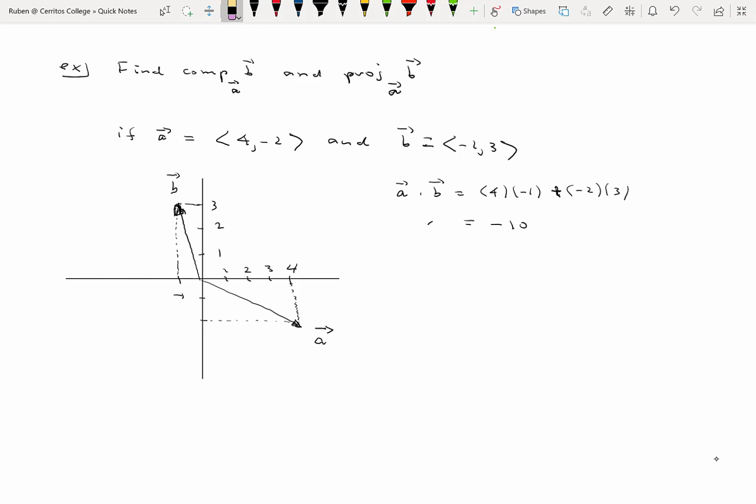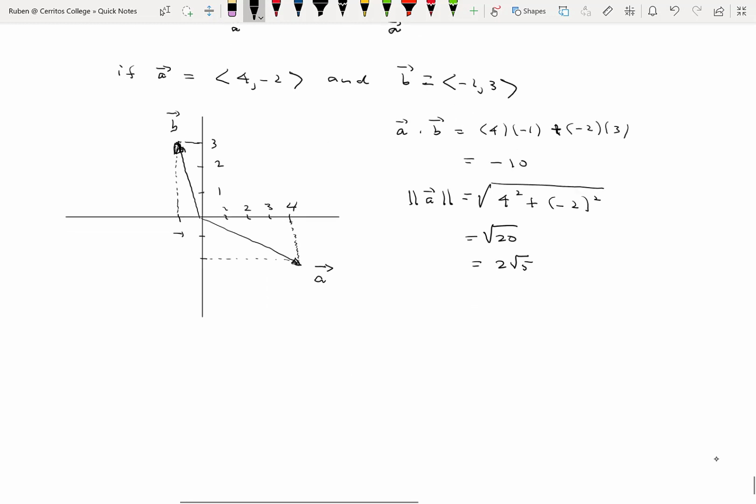Okay. Now, moving forward, we're going to need the length of A. The length of A is the square root of 4 squared plus -2 squared. Okay, or the square root of 20, or 2 radical 5.